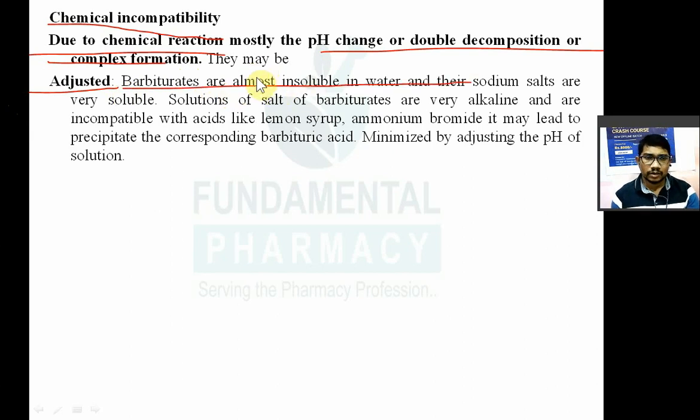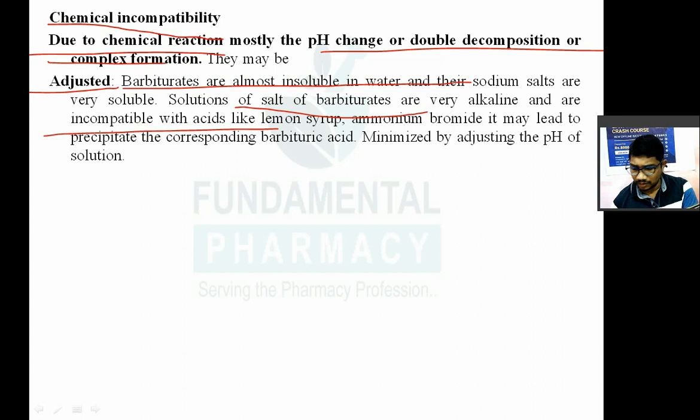Solutions of salts of barbiturates are very alkaline and incompatible with acids. तो अगर सोडियम barbiturate, phenobarbital salt है, and if you add a flavoring agent like lemon syrup or ammonium bromide, that may lead to precipitation of the corresponding barbituric acid.